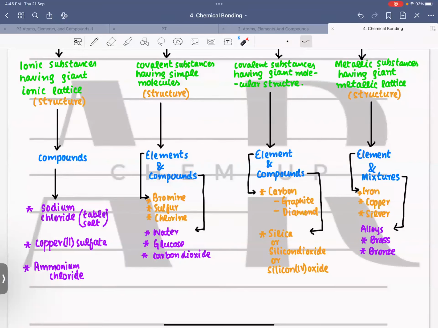The medals are made of brass and bronze, which are alloys. An alloy is a substance where we mix two or more metals. Okay, both of them will be metals, or one metal and one non-metal? Mostly they are metals, but sometimes there is a metal and a non-metal. Okay.